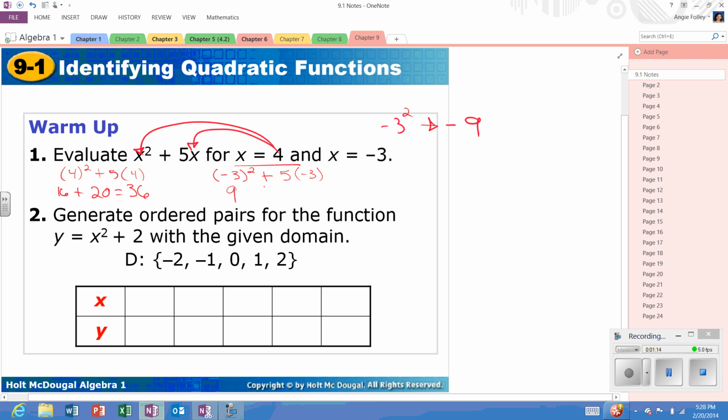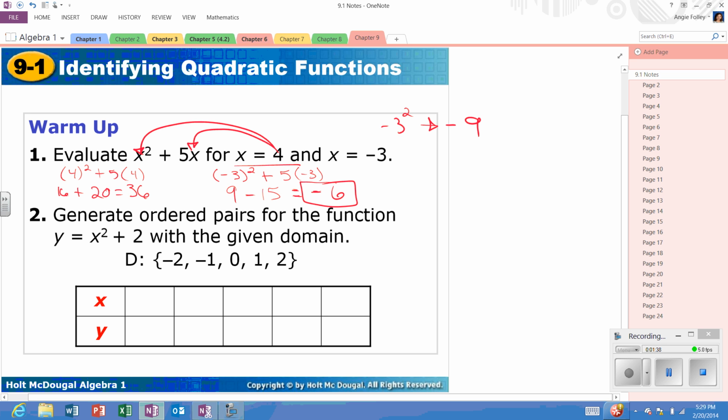And then 5 times negative 3 is minus 15. So then we would get, what did I have before? I think I did something wrong earlier in my own notes, not yours. So we would have negative, if I could subtract 9 from 15, I would have negative 6.